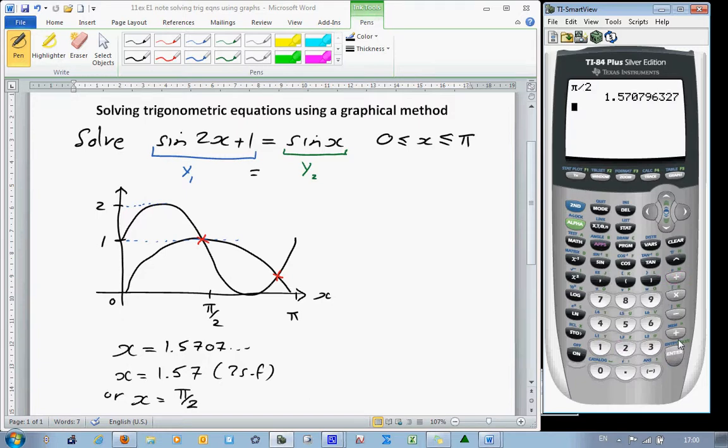First curve, enter, jump to second curve, enter, take a guess, and you've got x equals 2.7863 and so on. So x is 2.79 to 3 significant figures.